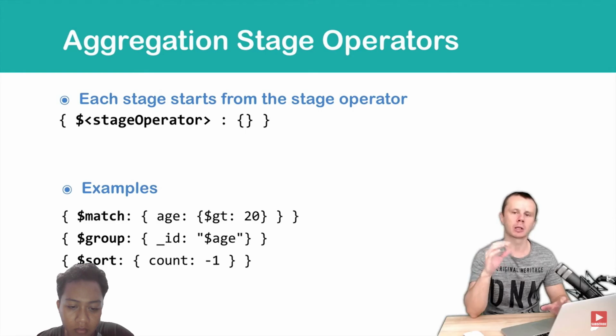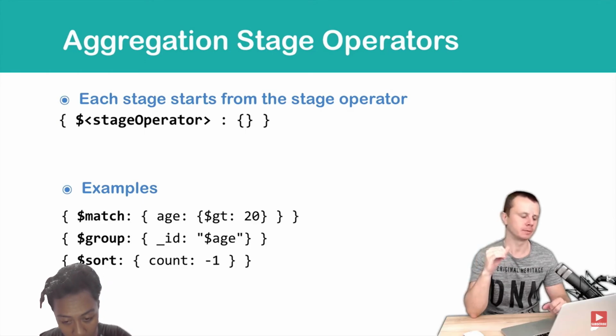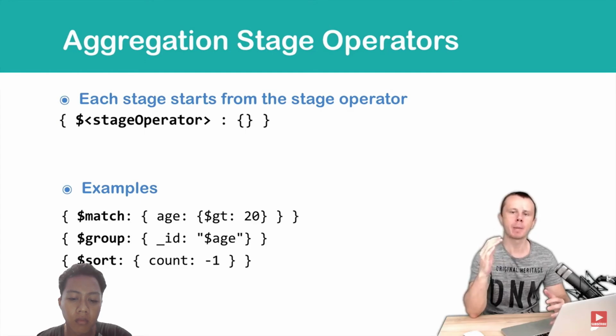We will not look at the contents of each object in this case, because we will discuss each stage operator individually. But for now, you just need to remember how to construct each stage. So again, stage operator, for example group or sort, prepended by $, then a colon and an object with key value pairs.